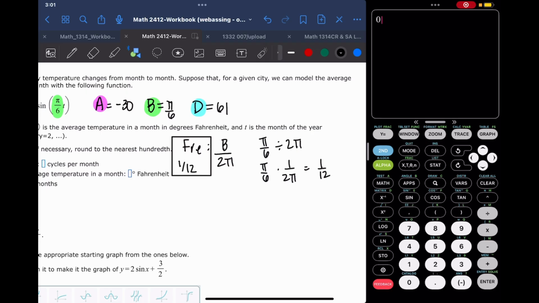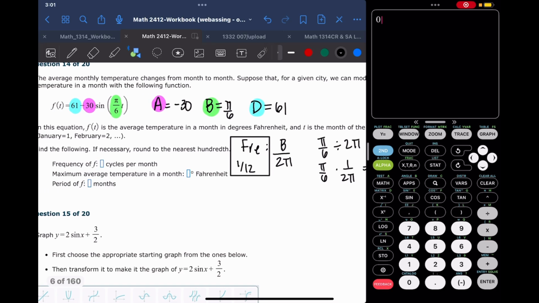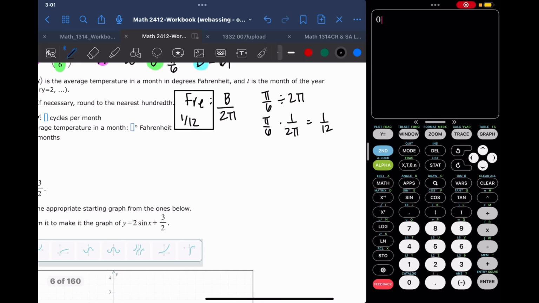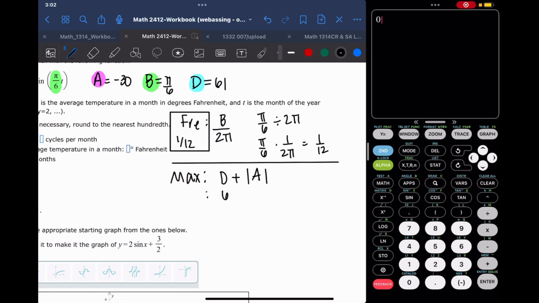Then the next thing it's asking for is the maximum average temperature in a month. To find the maximum, the max is going to be D plus the absolute value of A. So we're getting 61 plus the absolute value of negative 30, which is 61 plus 30. The max is 91 degrees.